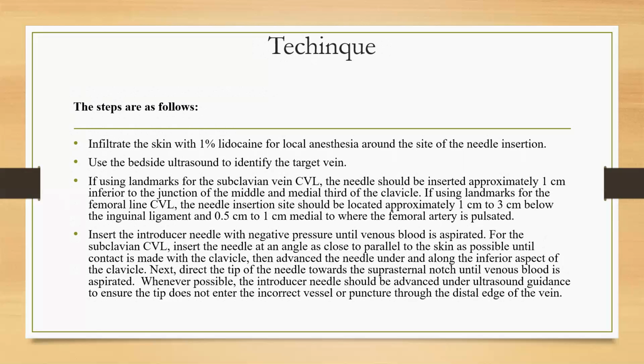pulsated. Introduce a needle with negative pressure until venous blood is aspirated. For the subclavian central venous line, insert the needle at an angle as close to parallel to the skin as possible until contact is made with the clavicle.